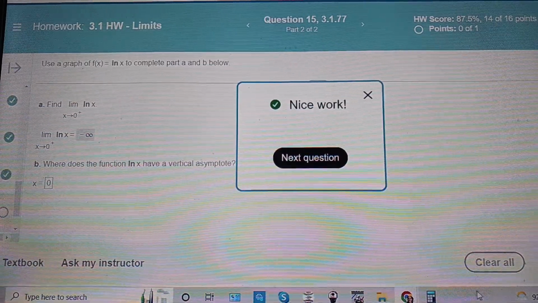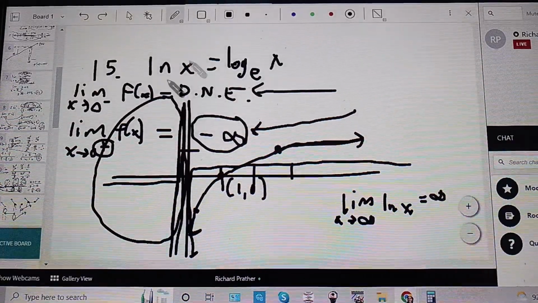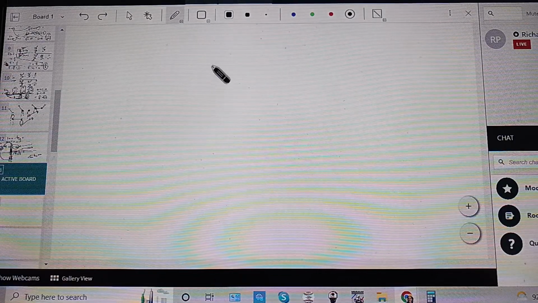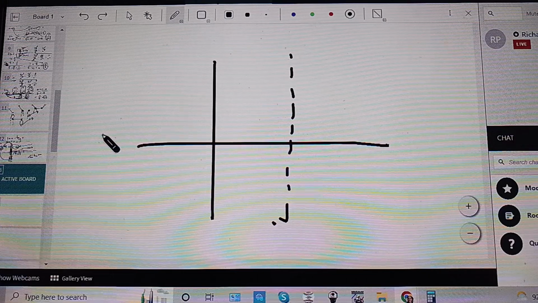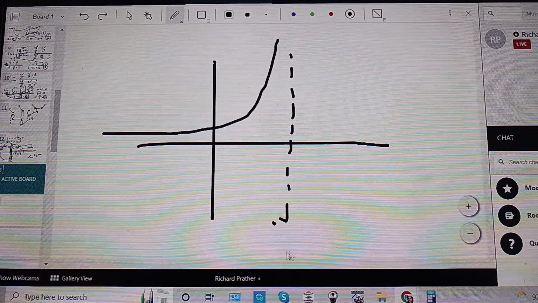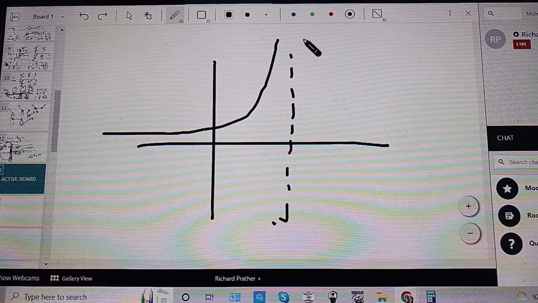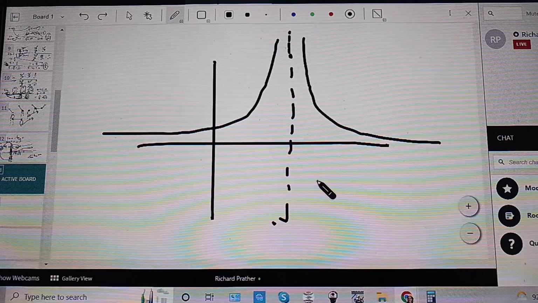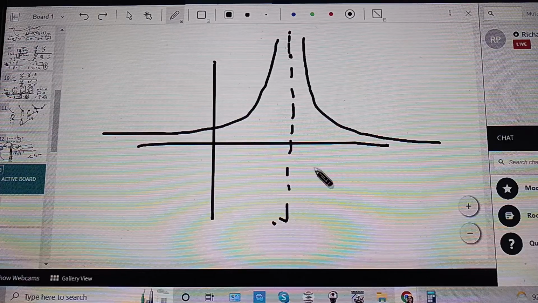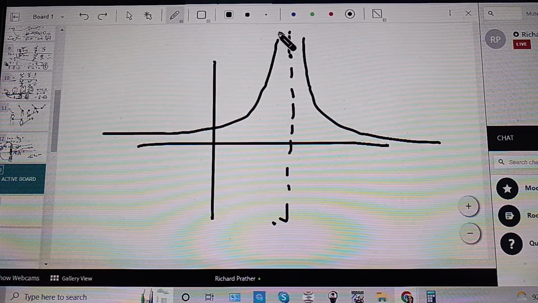And if you do a generic vertical asymptote, not from this log graph, but from some other graph, remember our other vertical asymptotes we had? Often you'd get a graph that would go like this, and then the other one would be maybe here. Let me do it this way this time. This can happen in a vertical asymptote graph. And then the left-sided limit is infinity.